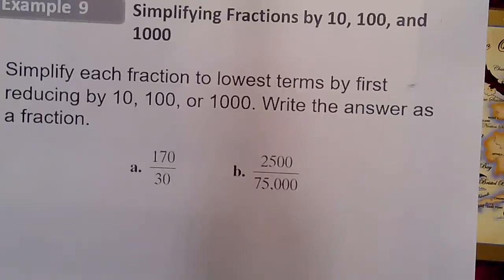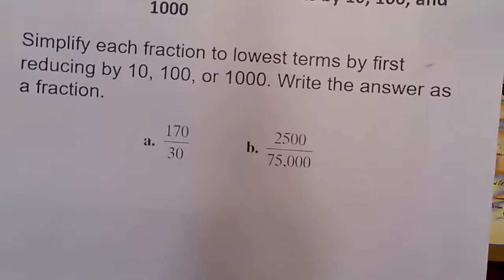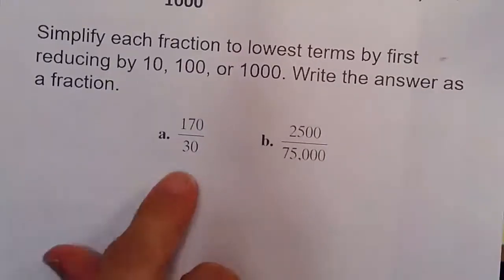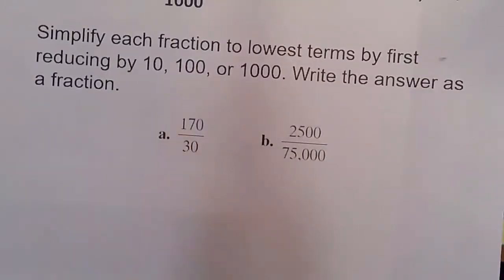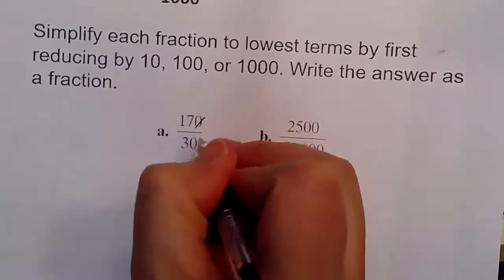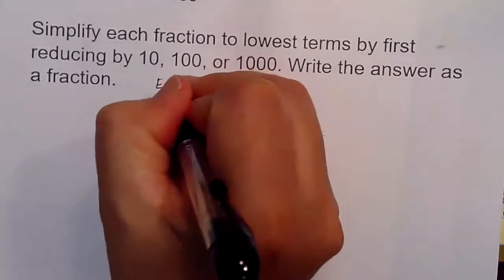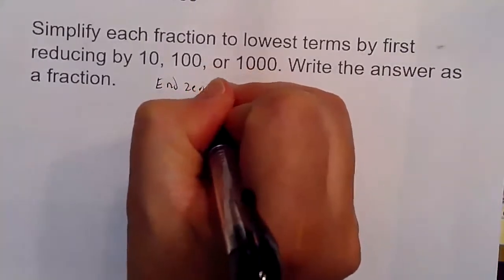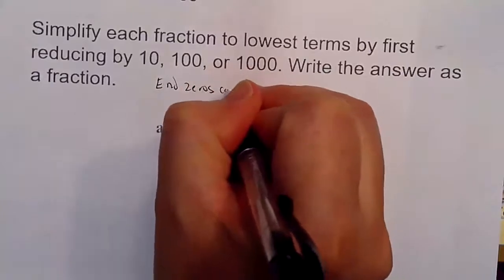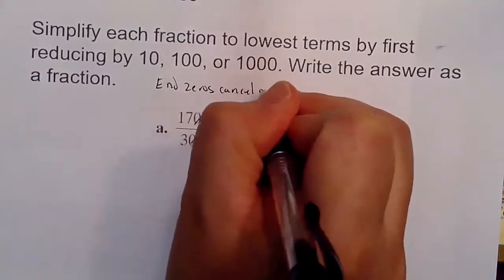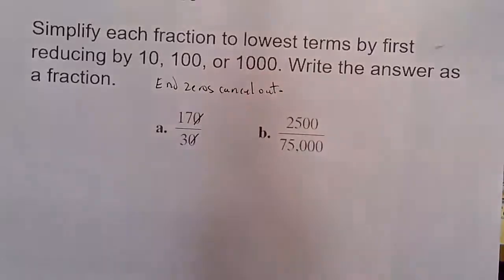A little shortcut is that you are allowed to cancel out n zeros. N zeros do cancel out.